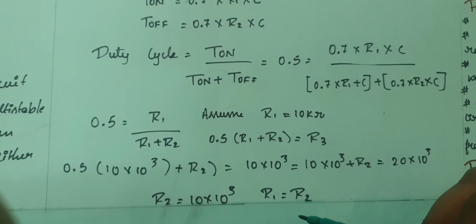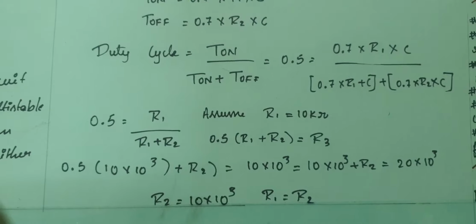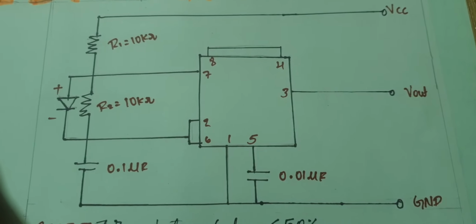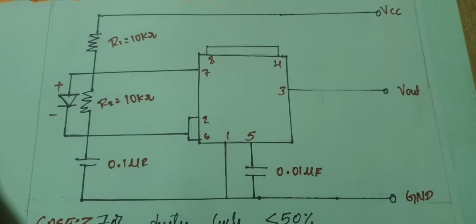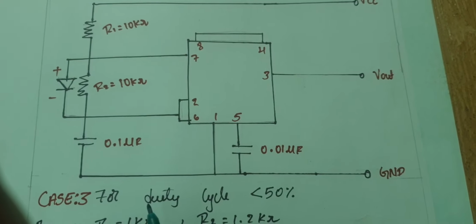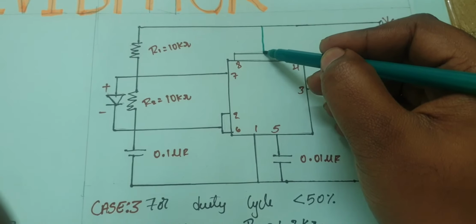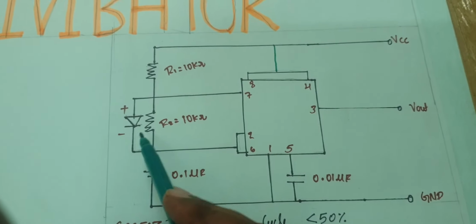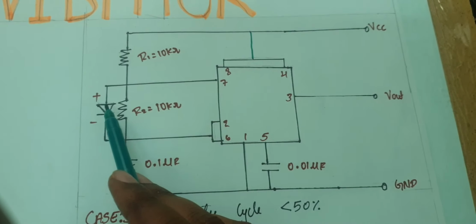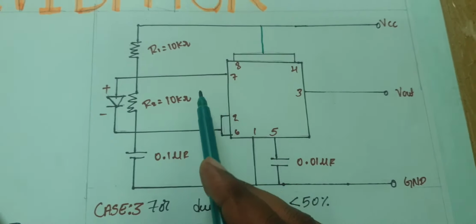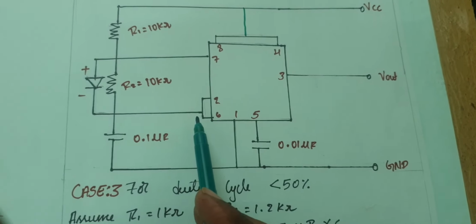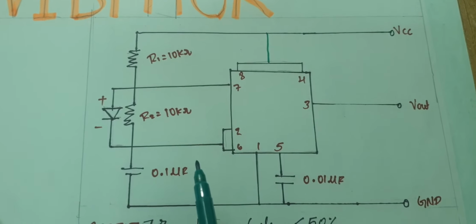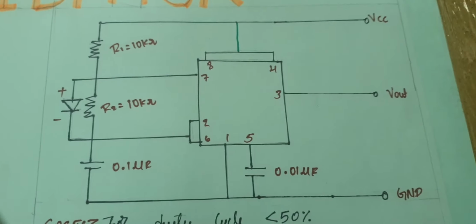In this case, we'll be constructing the circuit as follows. This is the circuit for duty cycle equal to 50%. The rest of the circuit remains the same. I have connected the positive end of the diode with the 7th pin and the negative end of the diode with 2 and 6 here. So this is about your second case where duty cycle is equal to 50%.